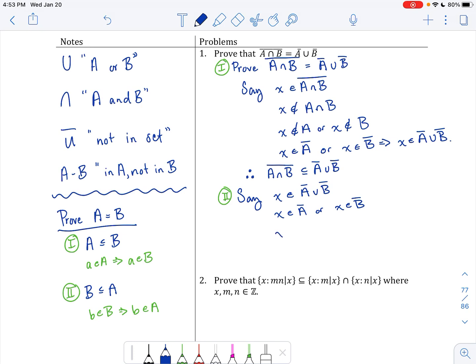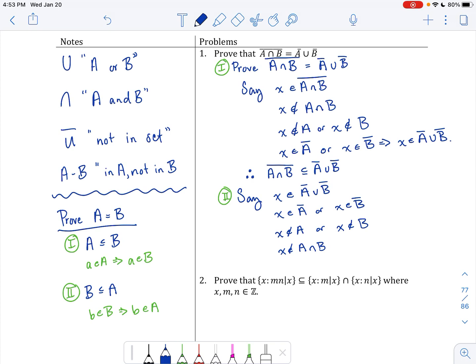That means that, again, X is not in A or X is not in B. Now, this is where we have these ands and ors. If X isn't in A, that means it's not in the intersection. If X isn't in B, that means it's also not in the intersection.